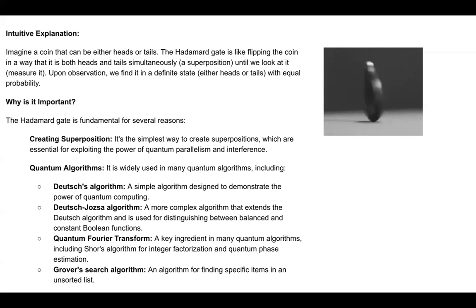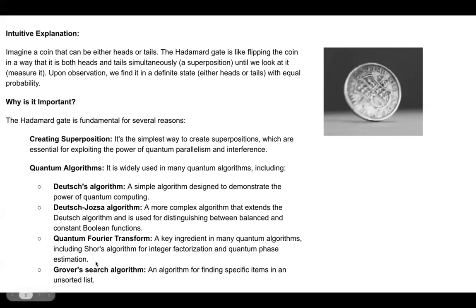Now, the Hadamard gate is used in several different algorithms. See why it is important. Of course, it creates superposition, and superposition is the most fundamental factor that differentiates a quantum computer from the regular PCs or laptops that you have.